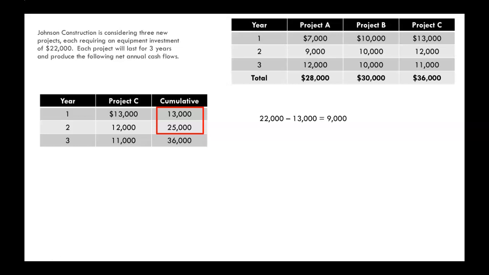We see that once we make $9,000 in year two, we will have made our $22,000 back. So we take $9,000, divide it by year two's cash flows, that $12,000 amount, and we see that 3/4 of the way through the year, we will have gotten our money back. So our cash payback period is 1.75 years, because it's going to take all of the first year plus 3/4 of the second year.